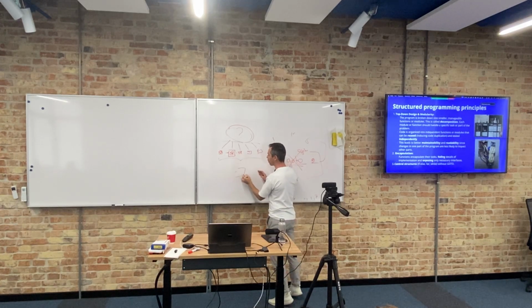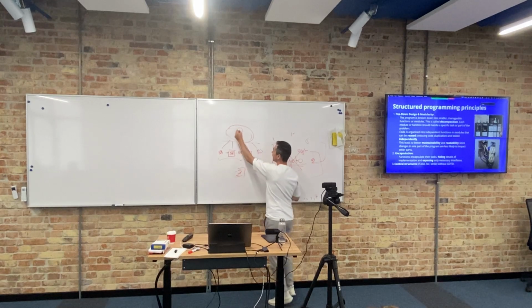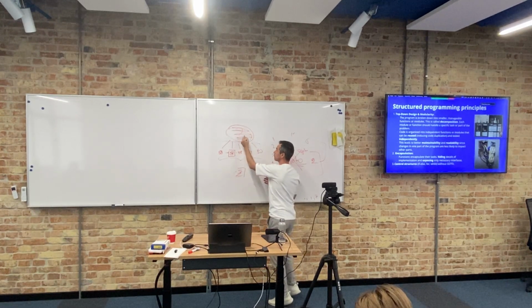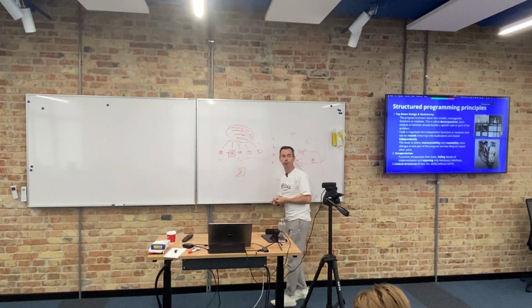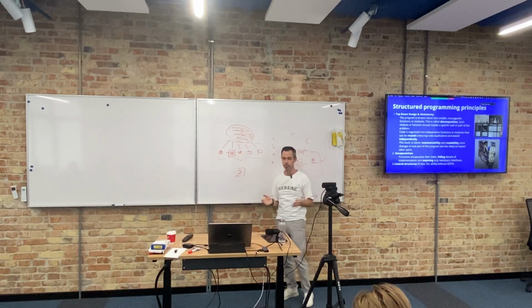In this black box, I could change anything, it will work. But if I have just one piece of code, then it is really scary to make a change, because you could just break the whole program. This is the idea.